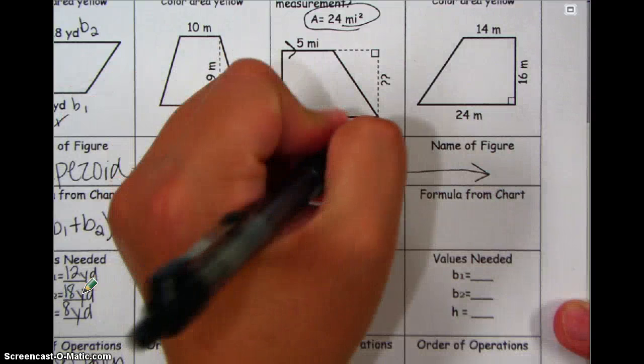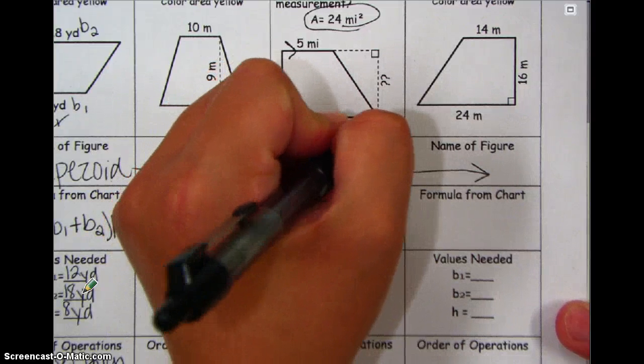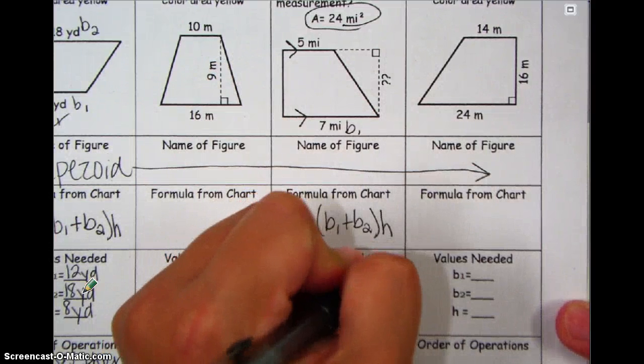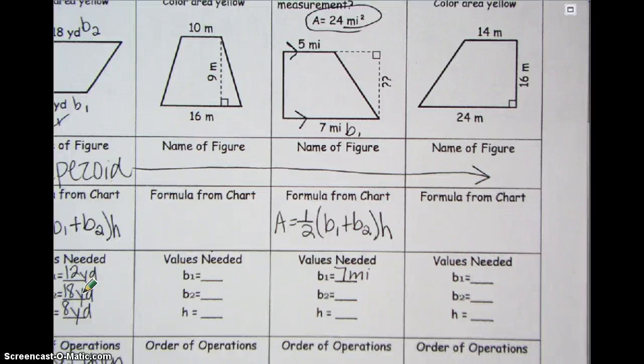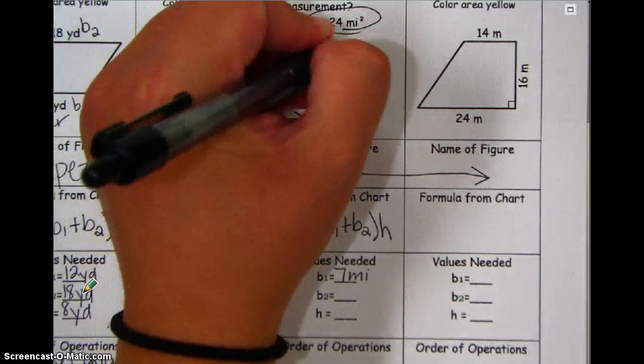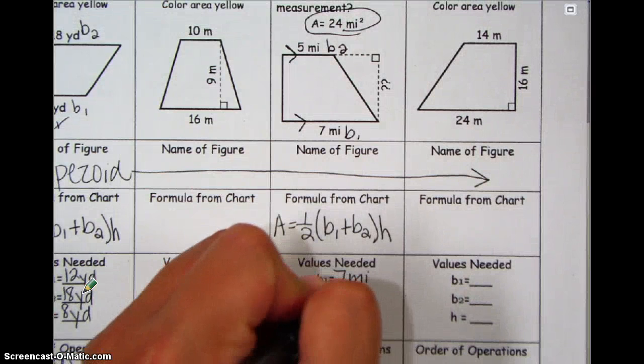Okay, so we're going to call the 7 miles base 1. If 7 miles is base 1, then Emily, what would base 2 be? Yep, the 5 miles. So base 1 was 7 miles, base 2 was 5 miles.